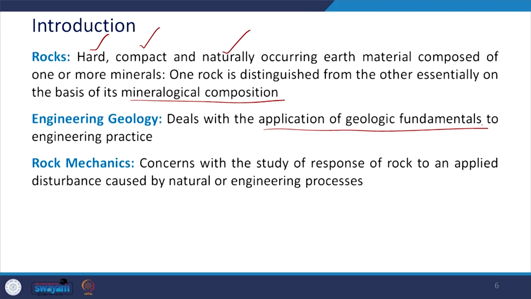This branch concerns the study of the response of rock to an applied disturbance, and that applied disturbance can be by any natural agency or it can be by humans, depending upon the various engineering processes that are taking place. Accordingly, this branch of rock mechanics will deal with such things.